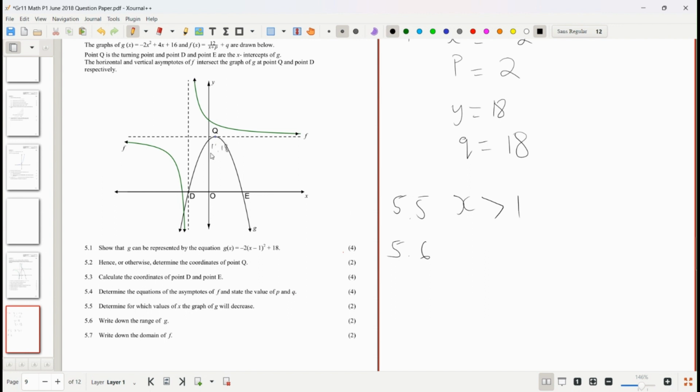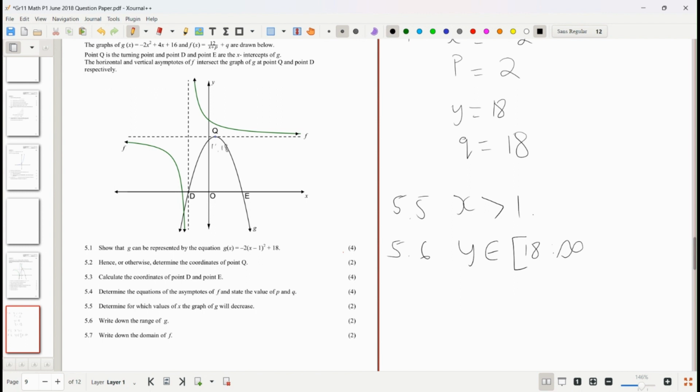So the range of g, you can say that y is an element of, this will include 18, to infinity.